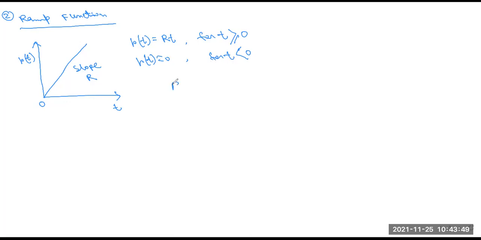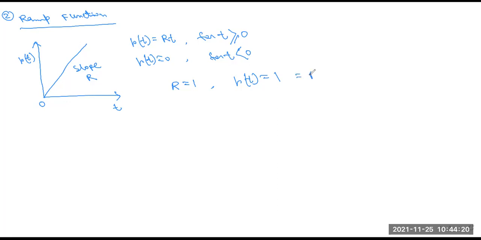In this condition, we apply R equals 1. We know that when R is 1, it is the unit step function, and the function becomes R(t) equals t. So this is basically called the ramp function.